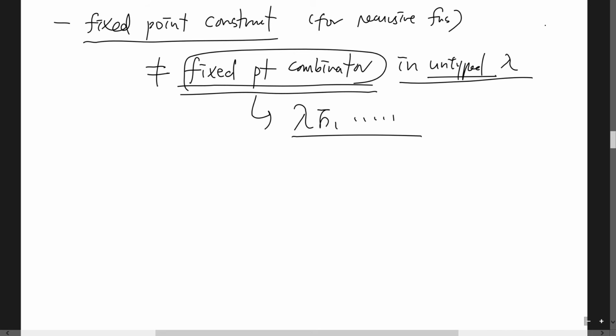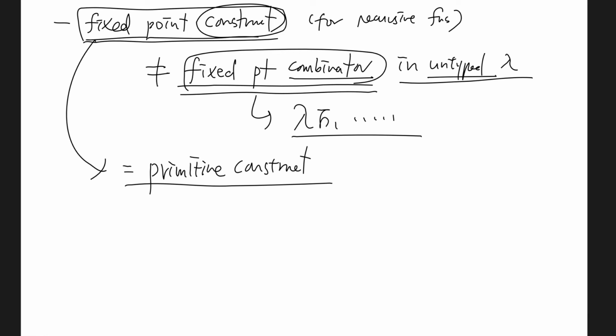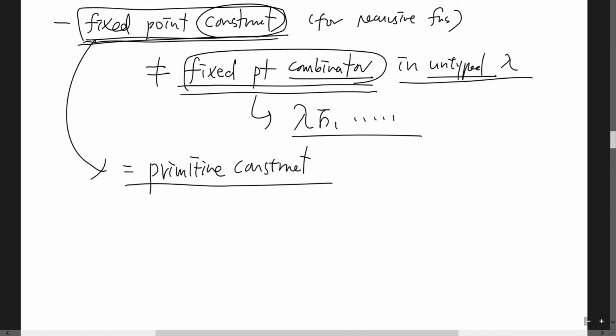In contrast, this fixed point construct, not combinator, in simply typed lambda calculus is a primitive construct. So it is a part of the language definition. So you cannot simulate, for example, this fixed point construct using lambda abstractions.